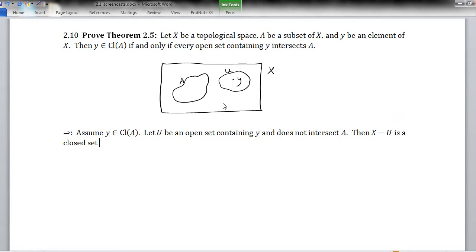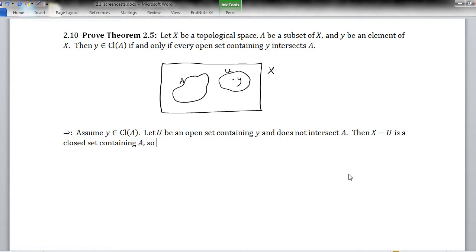And, well, as you can see up in the picture here, since U does not intersect A, the complement of U contains A, right? So X minus U is a closed set containing A.